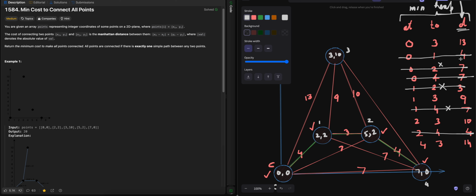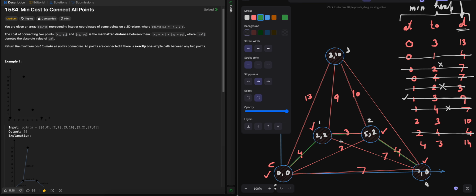Then 7 is all processed. Then we have 1 to 3, and 9 is the minimum across all of them. So let's pick this one. This is a valid edge, with distance 9.